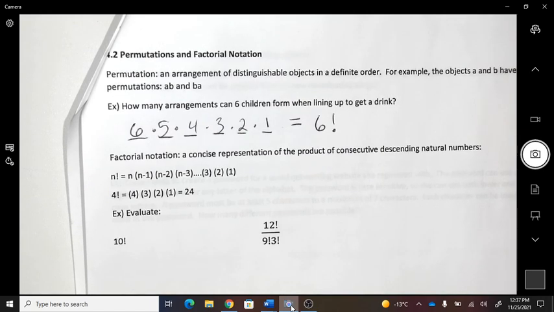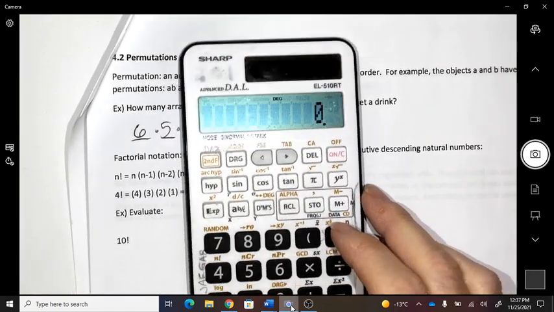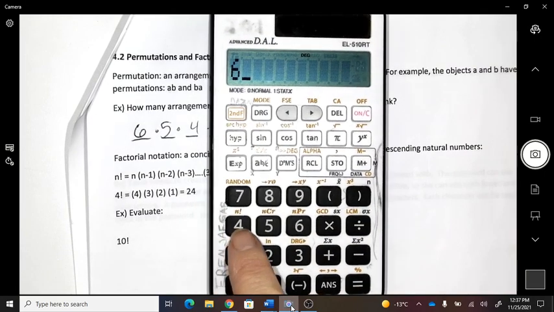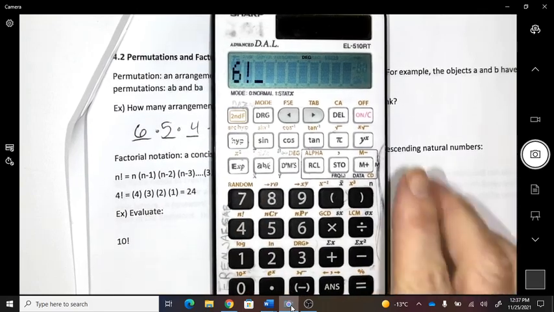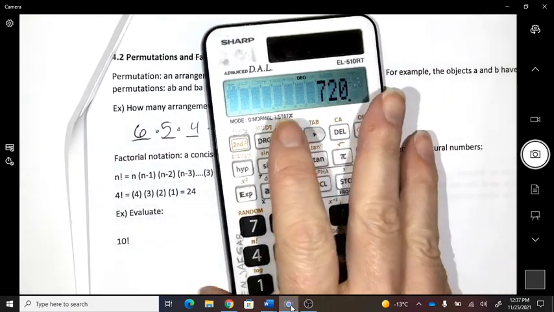I know that we have our special calculators, but when you are using this unit, it's actually better to not use that calculator. But I will show you how to do it. You have to go into a menu and everything. On my regular calculator, do you see how mine is just an exclamation point above the 4? So 720.